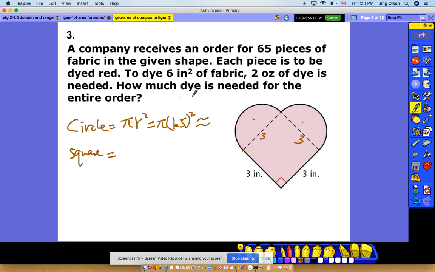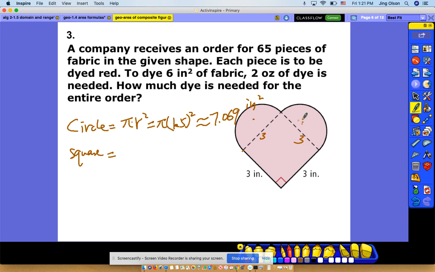This one says how much dye, but let's first find the area. 1.5 squared times pi, we get 7.069. This is inches squared.